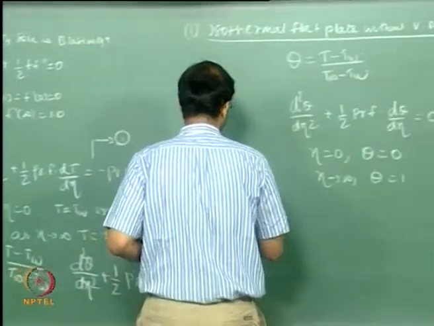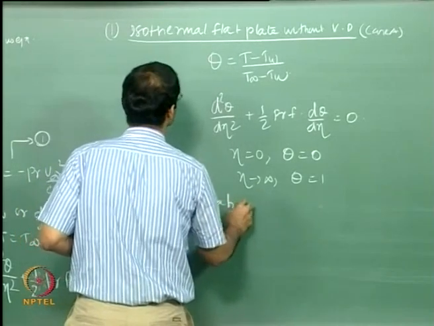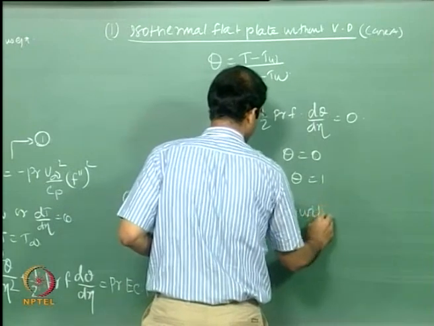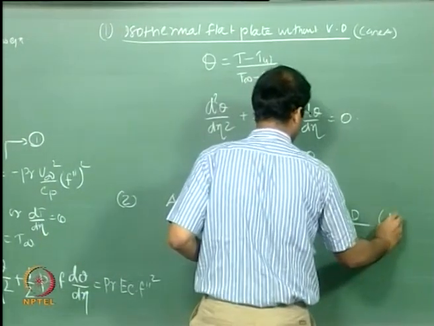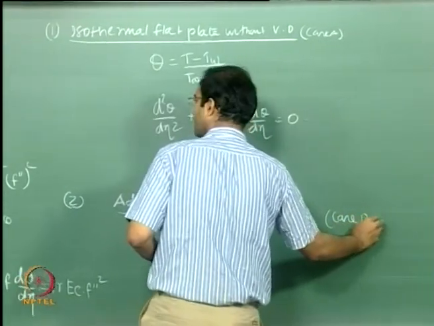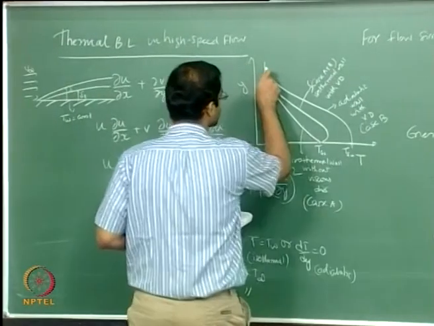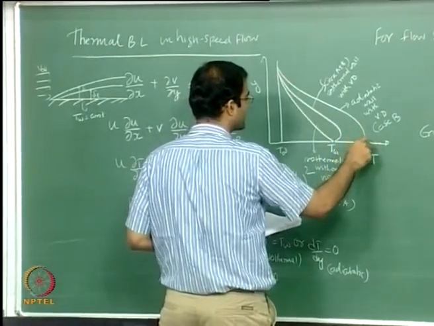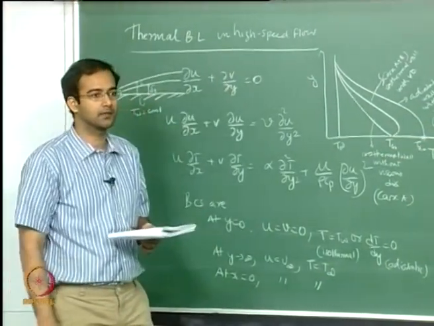Okay, so this is adiabatic. This is what I call case B, and if you look at the temperature profile, typically this is how it looks. So this has to satisfy the zero flux at the wall, therefore it becomes normal at the wall.